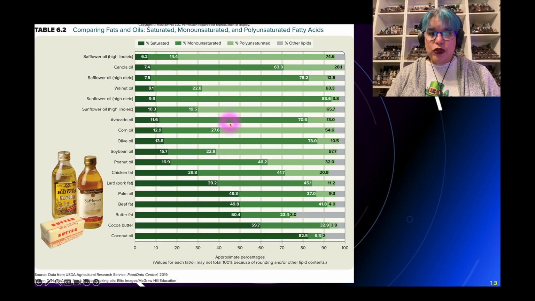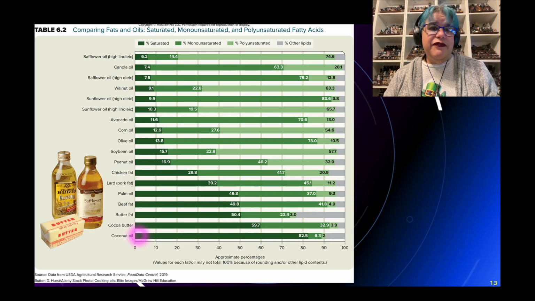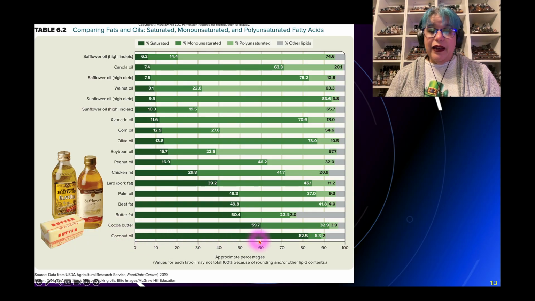Avocado oil isn't too bad, but when we look at, let's see, where are you? Coconut oil. I've heard so much on TikTok about the benefits of coconut oil, blah, blah, blah, right? But look at how much of it is actually saturated fat, the one that causes heart disease or cardiovascular disease. That isn't a good thing.